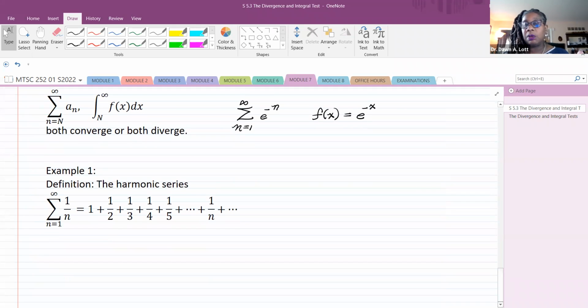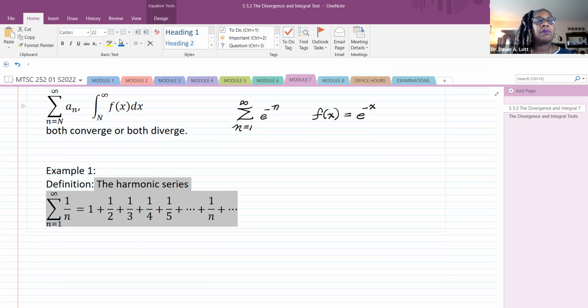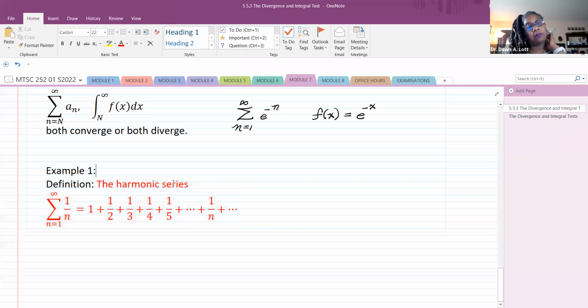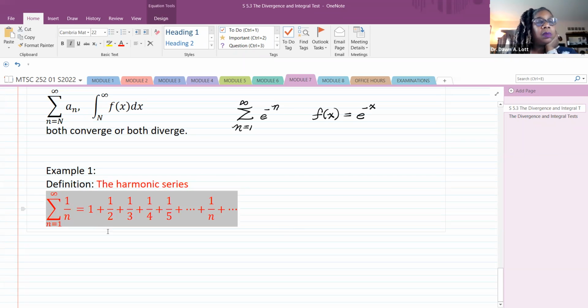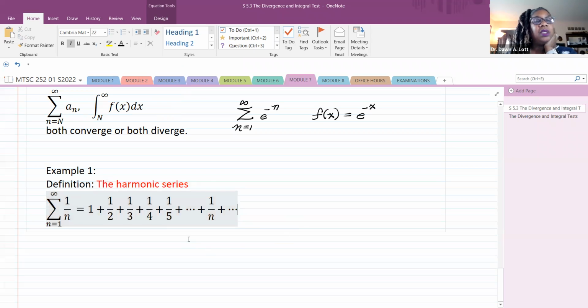All right, so here is the first example. It is the harmonic series. You need to know that the harmonic series is defined by this value. It is the sum from n equals 1 to infinity of 1 over n.